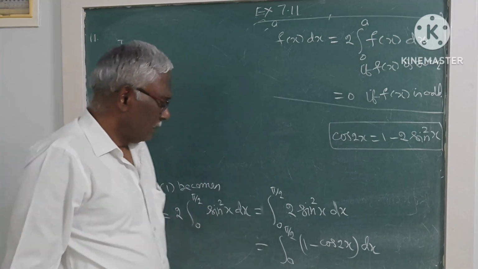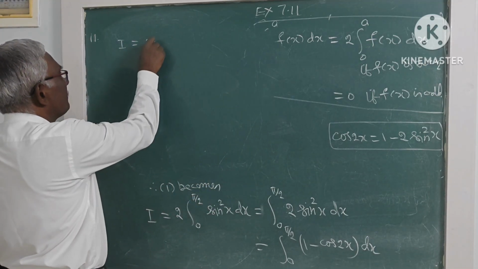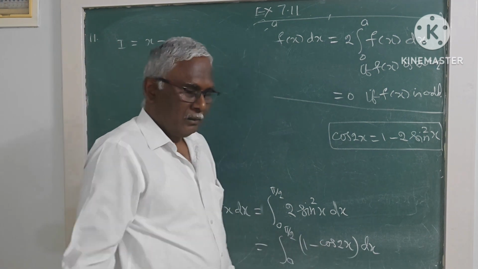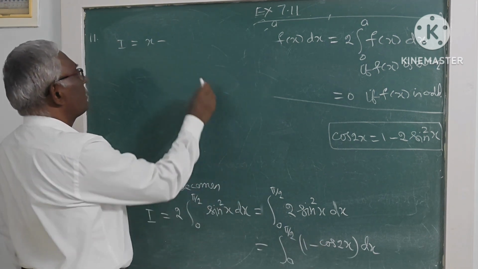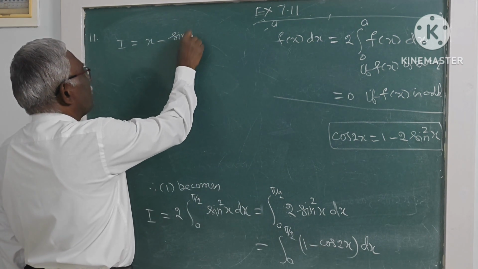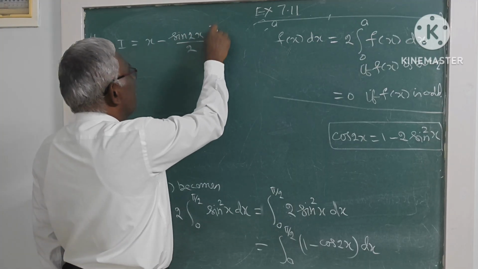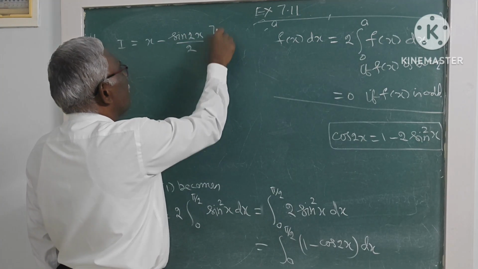With respect to x we will get x, and cos 2x if we integrate, sin 2x by 2, then limit is 0 to pi by 2.